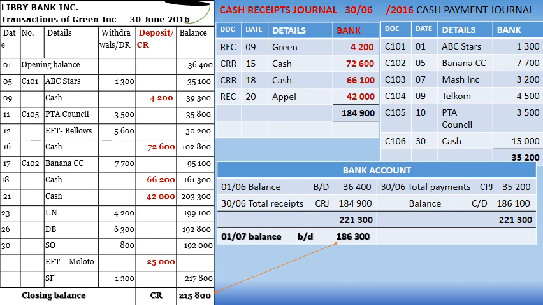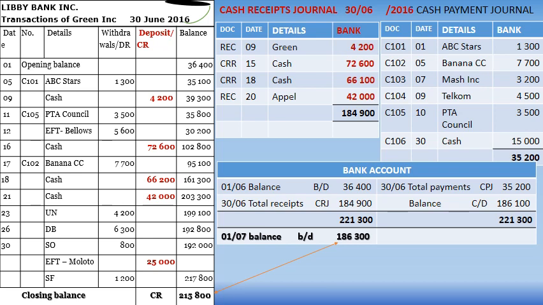On the right-hand side of the presentation are the records as kept by the entity. In the cash receipt journal, the entity recorded all the cash deposits that were done into the bank account, while the cash payment journal reflected all the checks that were issued to creditors. At the end of the month, these cash journals were closed off to the bank account to determine the closing balance.